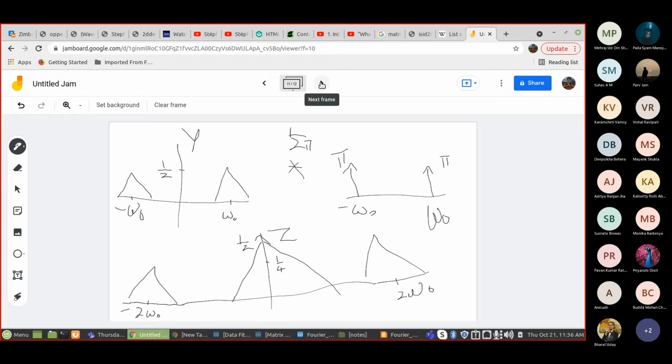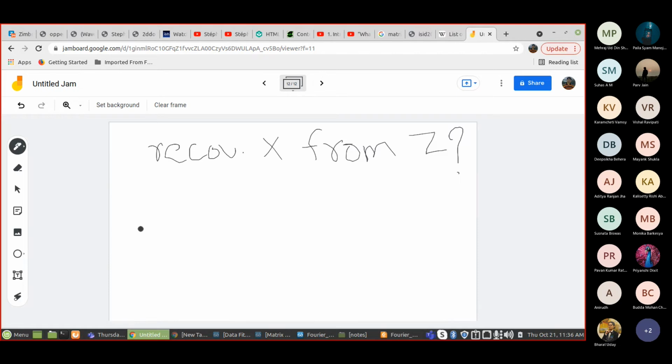So we have signal z of t. The question is, can we process z of t in some way? Maybe some LTI system, can we design an LTI system which gives back x of t?